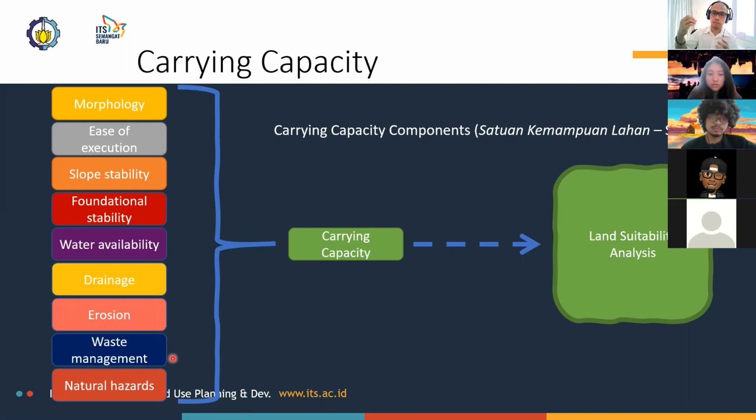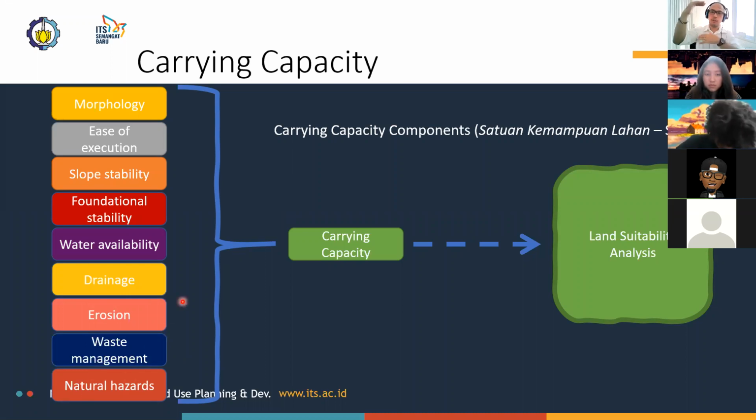So if you were depositing industrial waste, for example, if you were dumping industrial waste into the local waterways, where would the runoff be? So that's what waste management generally pertains to, and then of course natural hazards.